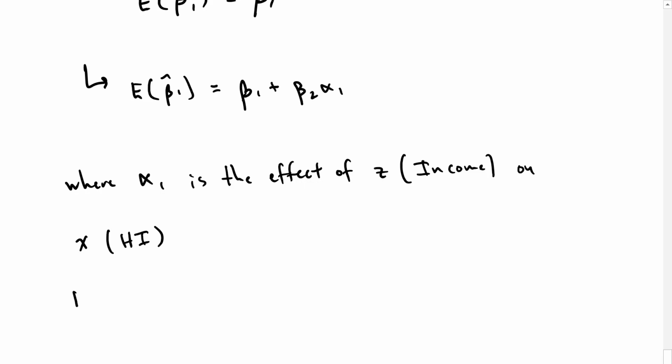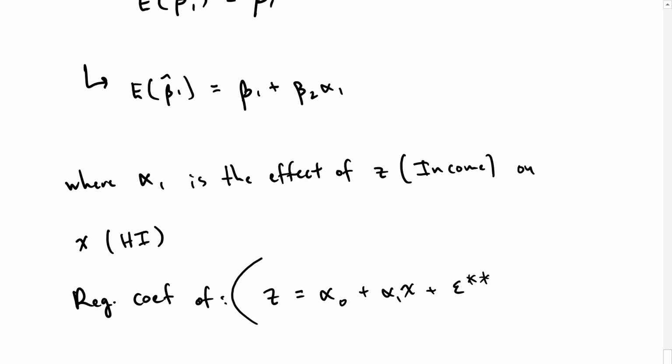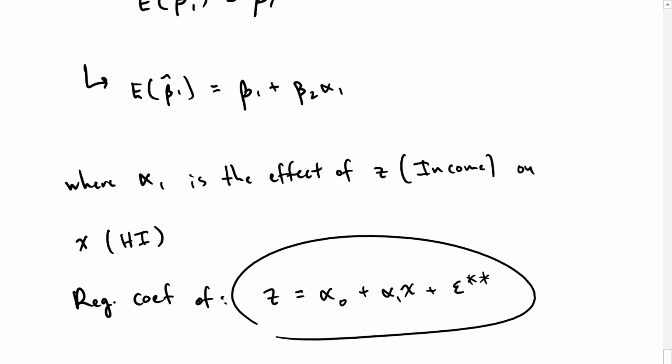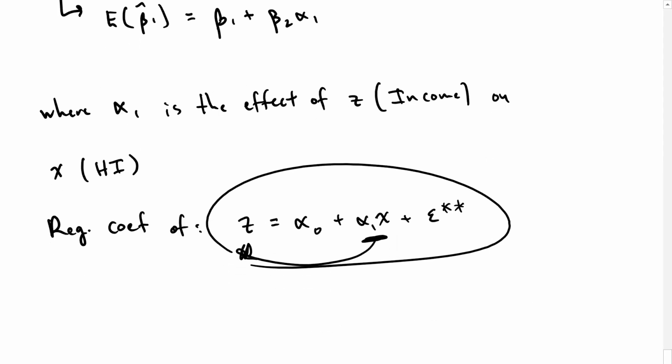Okay, and so the regression coefficient of z, if we were building a separate regression equation and we had z a function of x and a totally separate error term. If this is a separate regression equation and we're trying to find out what is the relationship between x and z, well, that's alpha 1. So what's the relationship between health insurance and income?